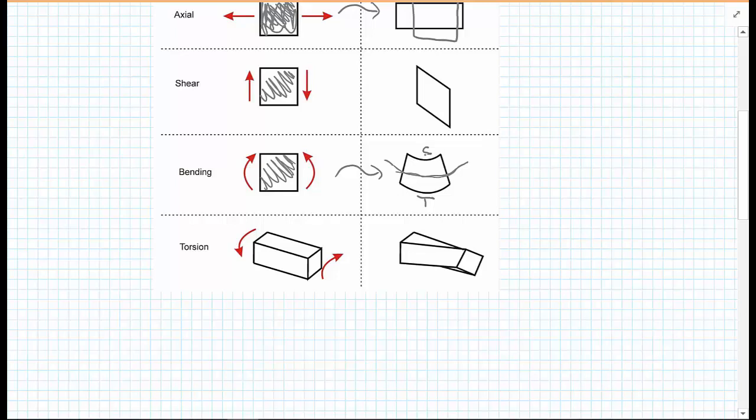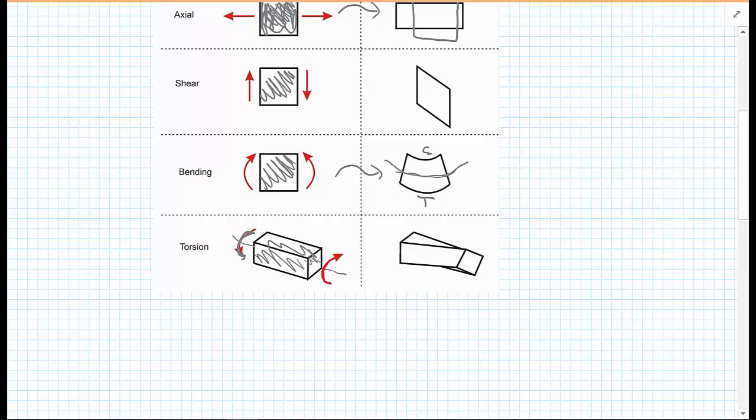And finally, we have a fourth type of internal force, and now we have a block. We have to draw this now in 3D. So we have a cubic block, a cuboid, and now we've applied two equal but opposite moments, but these are moments out of plane. So if we imagine a dotted line going through this material, the moment is going around that dotted line.